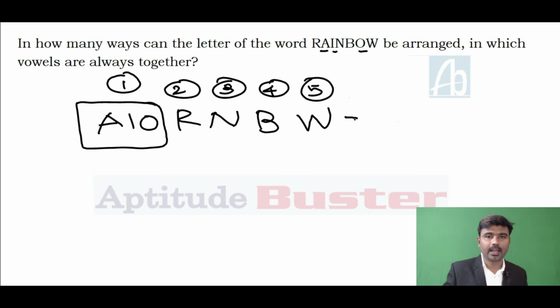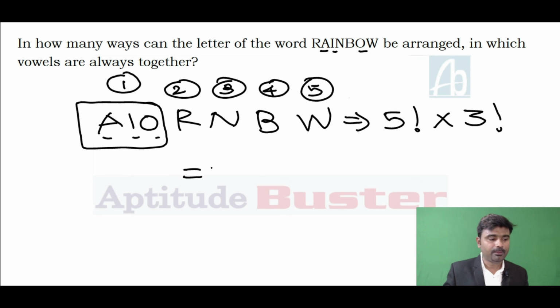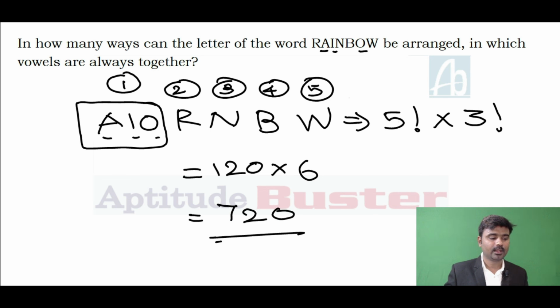These 5 can be arranged in 5 factorial ways, into these three letters which we consider as one unit but it has three letters, so into 3 factorial. 5 factorial value is 120, 3 factorial value is 6, so the answer is 720 here.